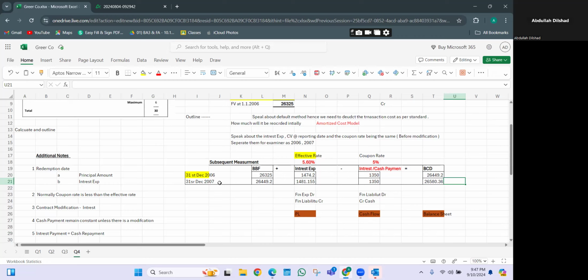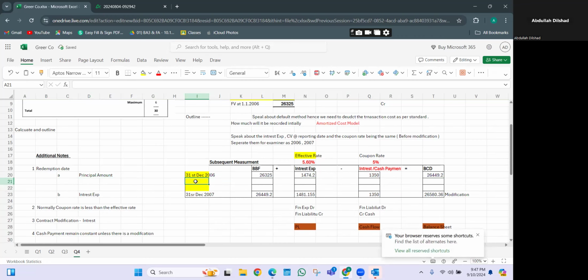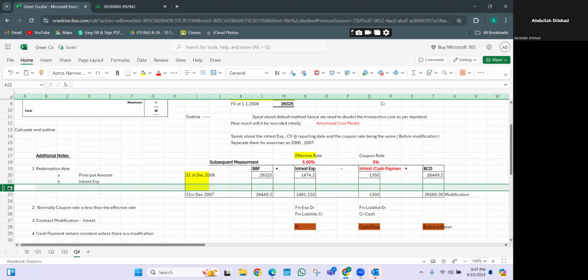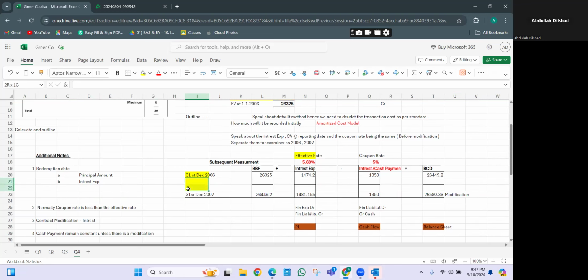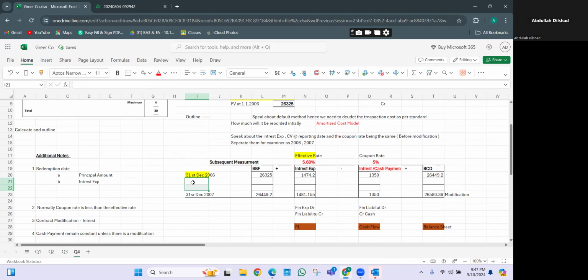A modification takes place at this point.